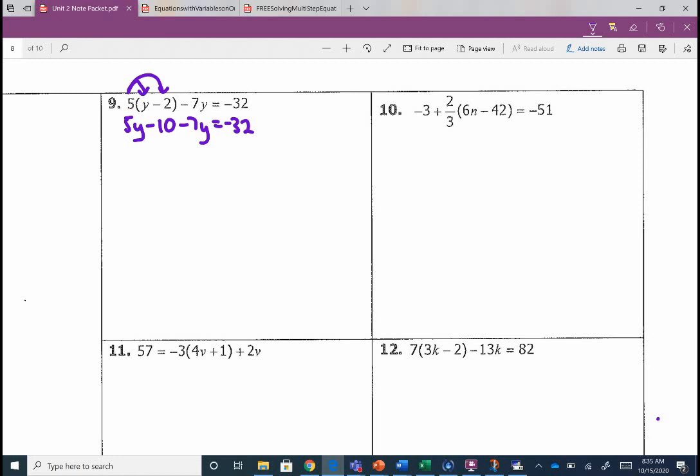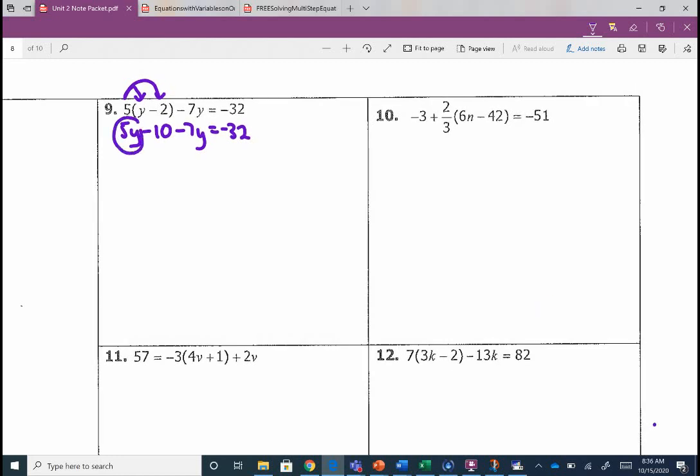Now that we've distributed, now it looks just like a question from our quiz yesterday. What can we put together on the left? The y's. I can put the y's together, but again, where some of you got stuck, you forgot to look at the sign in front. So I can put together, it's a +5, but it's a -7.